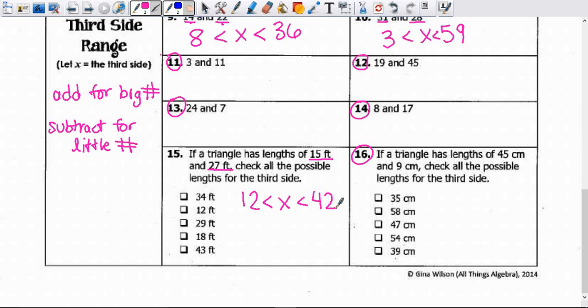Now, 34 is between 12 and 42. Can it be 12? It cannot. You cannot be 12 or 42. You can only be between those. So 29 is between, 18 is between, 43 is too big. Okay, so it's kind of a choose all question. They like to do these on tests. You'll do the same thing from 15 on to 16.